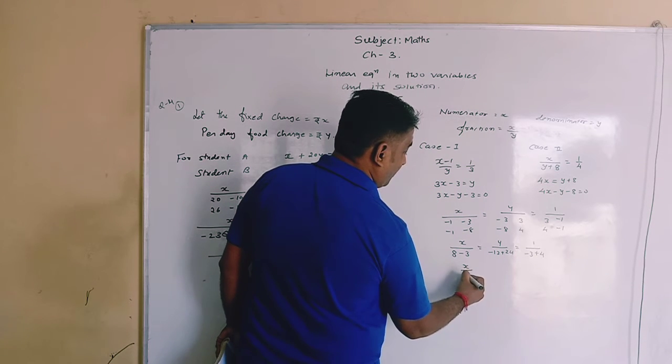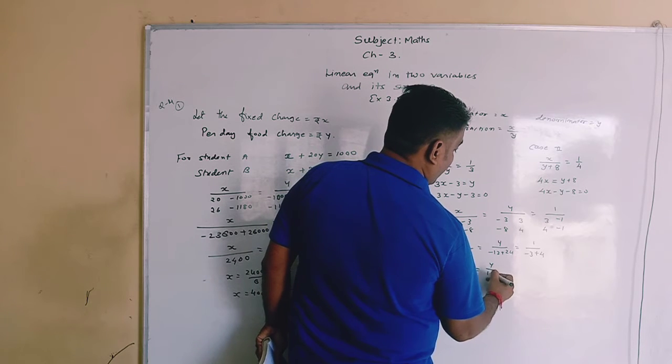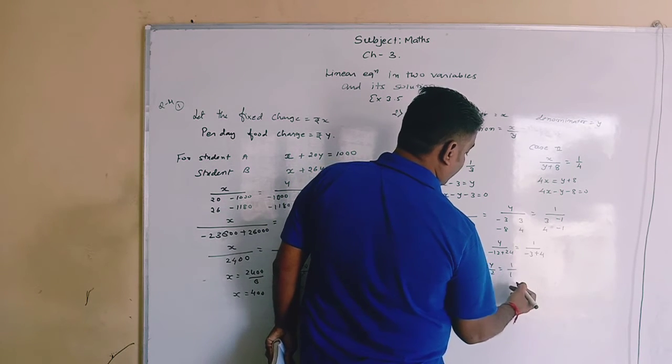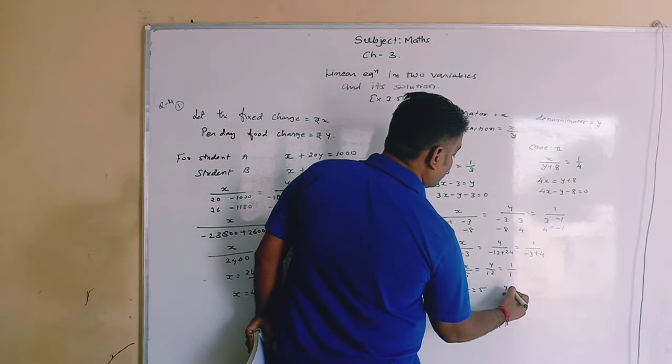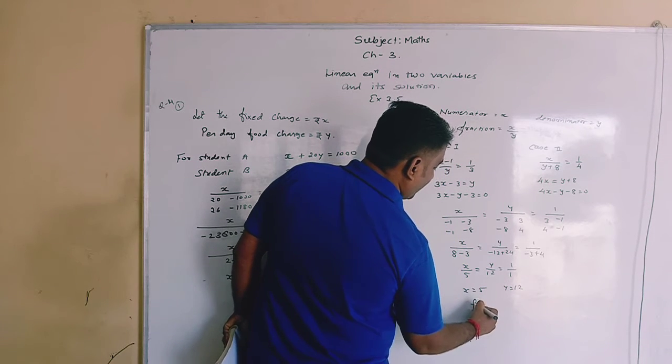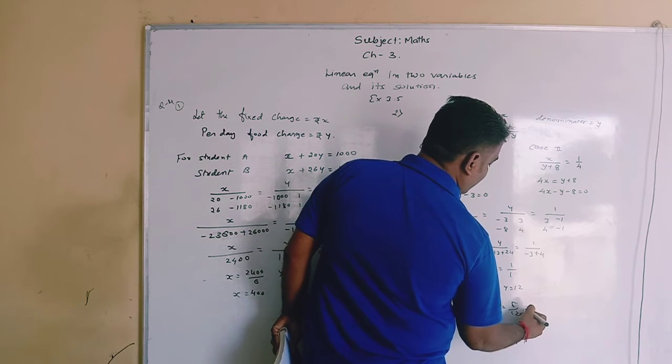So x upon 5, y upon 12, 1 upon 1. So x is equal to 5, y is equal to 12. So the fraction is equal to 5/12.